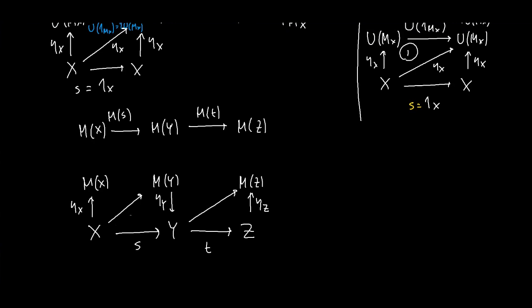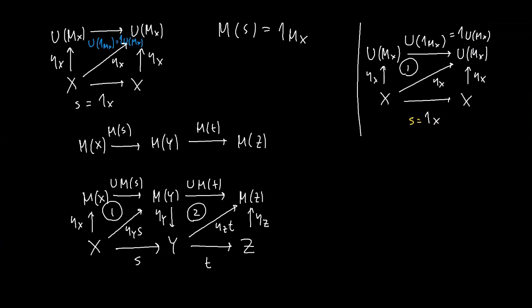The slanted arrow there is eta Y composed with S, and here it's eta Z composed with T. When I do U to M of S, it makes this first triangle commutative, and similarly, when I do U to M of T, it makes the second triangle commutative.